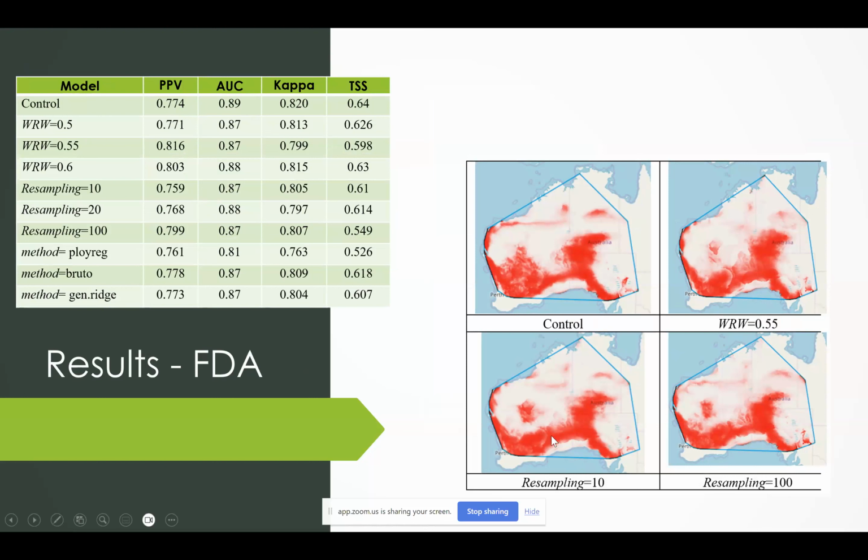The same issue appears with resampling equals 100 or 10. They have the same AUC, but their PPV, kappa, and TSS scores are quite different, and their distribution maps also have some differences.